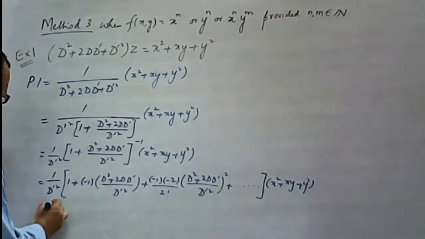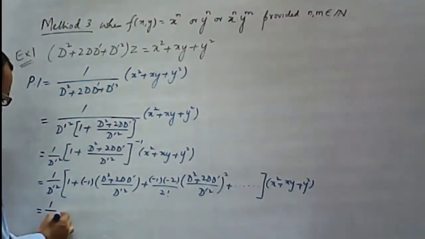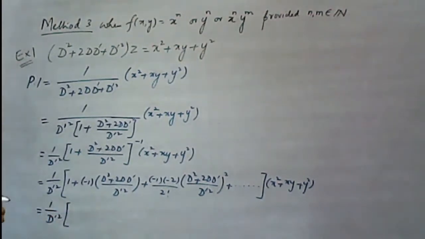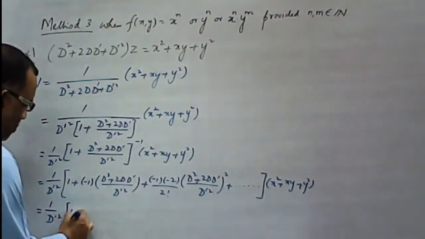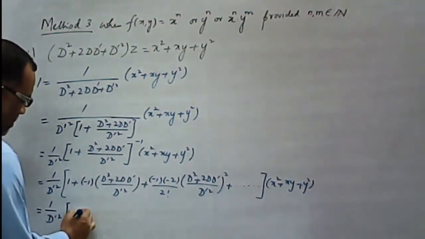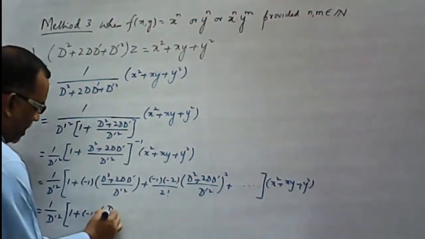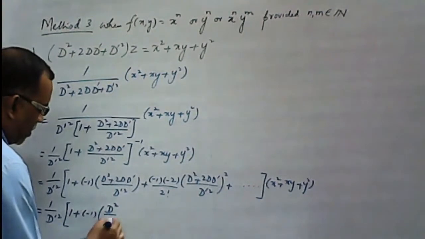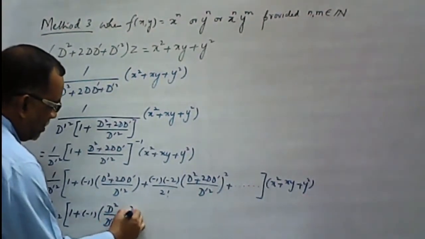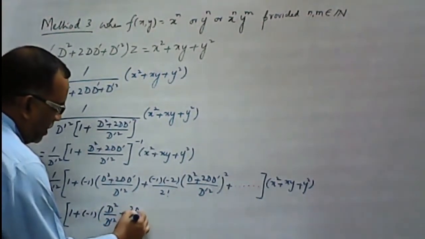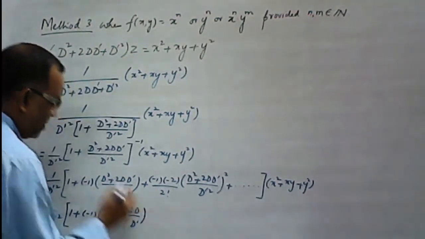Now, 1 upon D dash square, I am doing a little bit of simplification in this. I am writing D square upon D dash square plus 2D upon D dash.